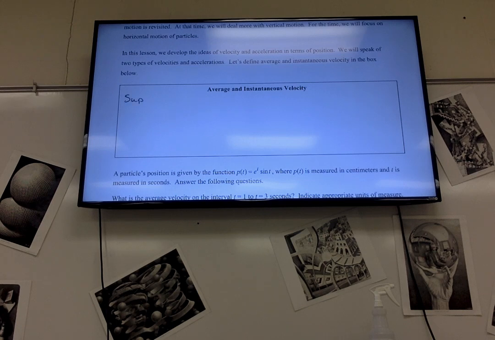So suppose P of t, which is position, is a function which defines the position of a moving object at time t.